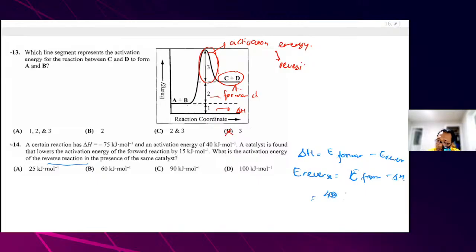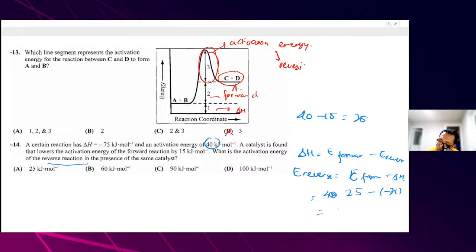The previous one is 40, and then lowering 15, so it will be 25. Delta H is minus 75.